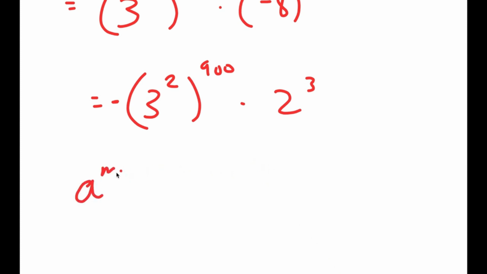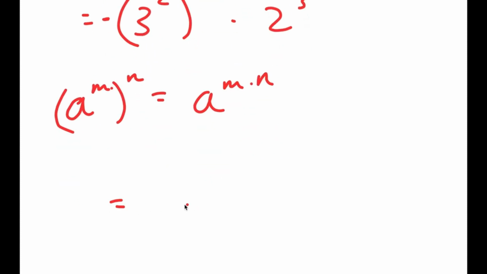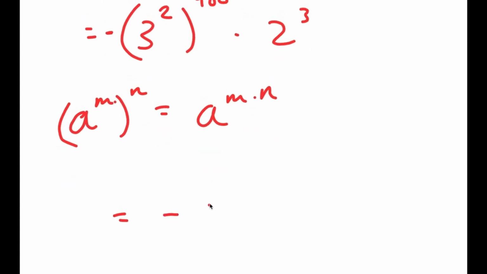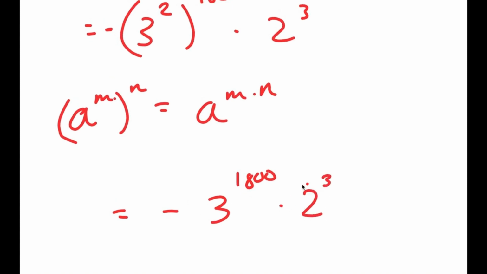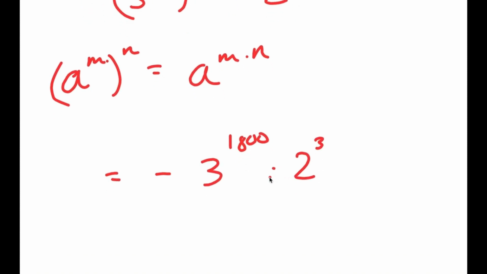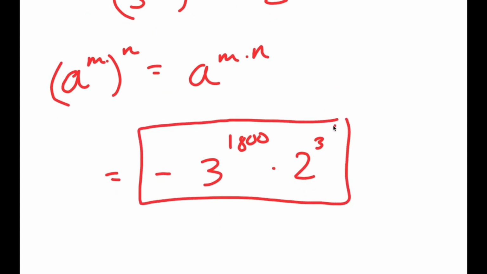Now, if I have something in the form a to the power of m, to the power of n, this is equal to a to the power of m times n. So it's going to turn to negative 3 to the power of 1800 times 2 to the power of 3. So this is the most I can simplify this, so this is my answer.